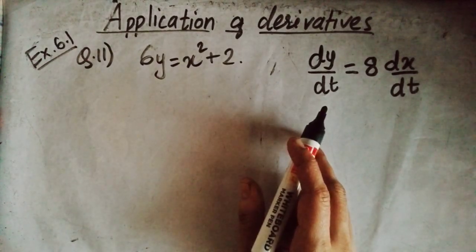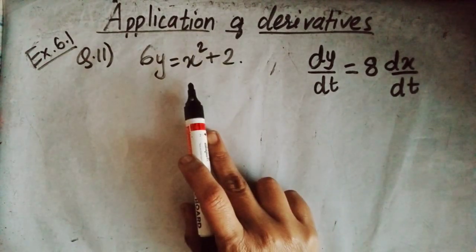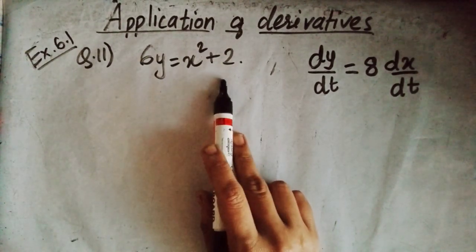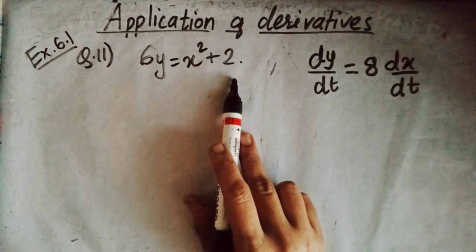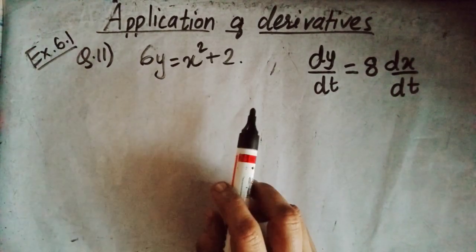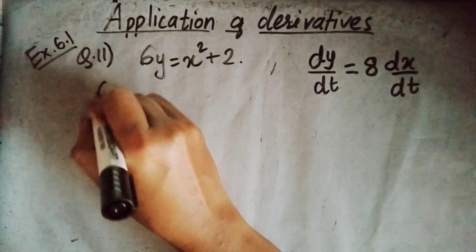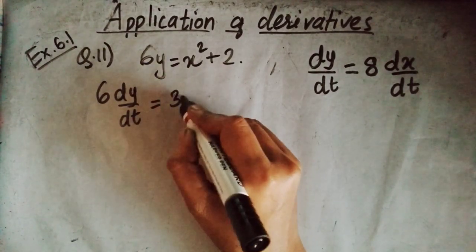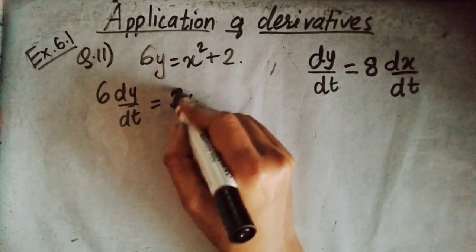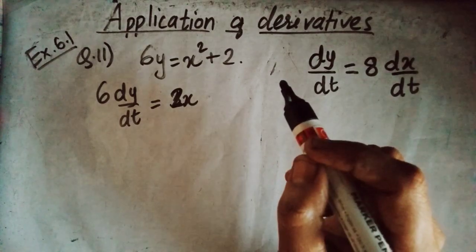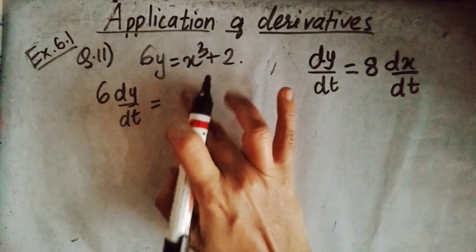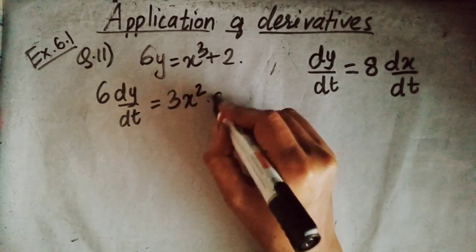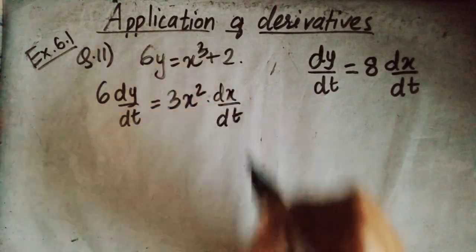Now you have to find the derivative of this, that is, this is the equation given of the curve. So with respect to t we are differentiating, so this will be 6 dy by dt equal to 3x square, the derivative of x cube, times dx by dt.